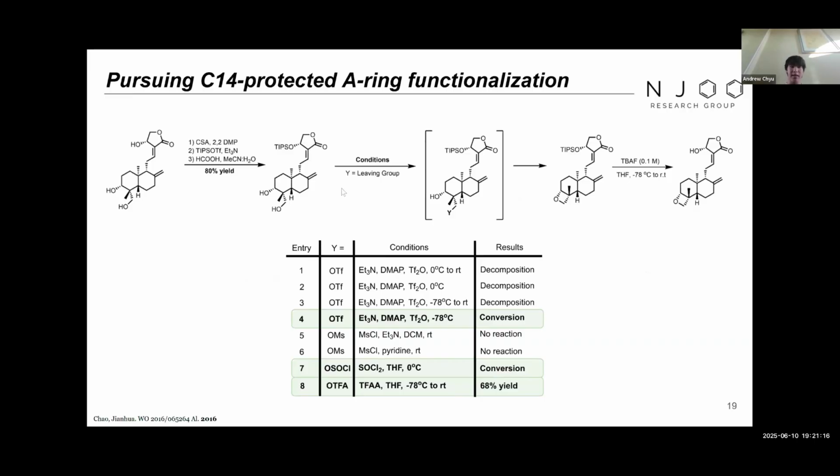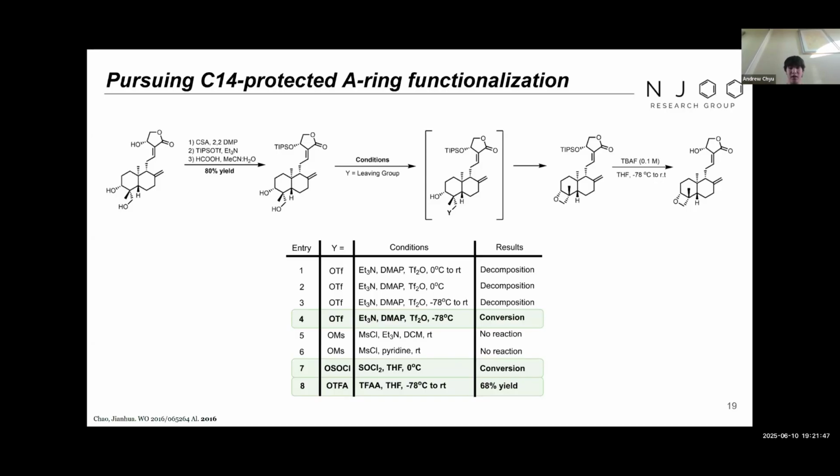So we start with the same C14 TIPS protected andrographolide. Through a variety of experiments, we first tried triflic anhydride, which only results in conversion to the oxetane at negative 78 degrees. However, this is extremely sensitive, and upon taking the reaction out of negative 78, everything decomposes, making isolation of the oxetane very difficult.